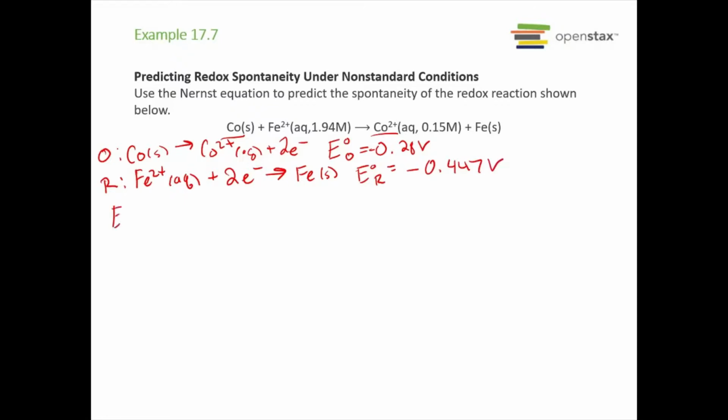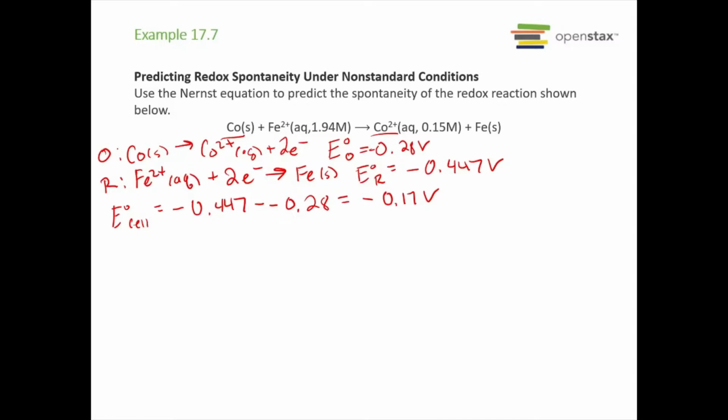So that means the standard potential of our cell is equal to cathode minus anode. So that is negative 0.447 minus negative 0.28, and that gives us negative 0.17 volts.